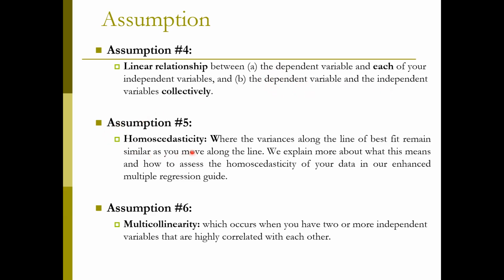The fifth assumption is homoscedasticity. What a beautiful name. Homoscedastic, implying that the variance along the line of best fit remains similar as we move along. Remember issues about homogeneity.